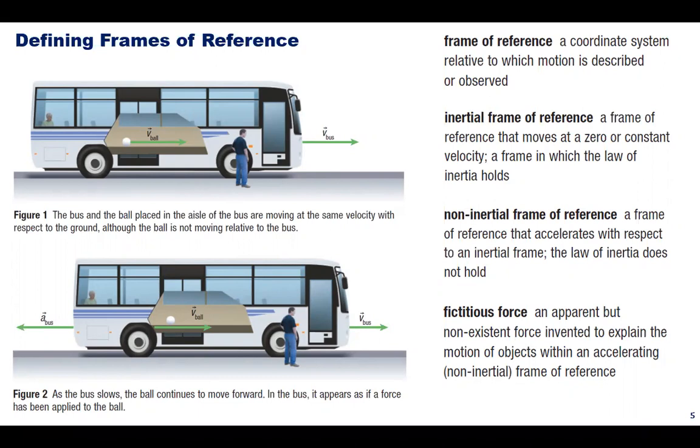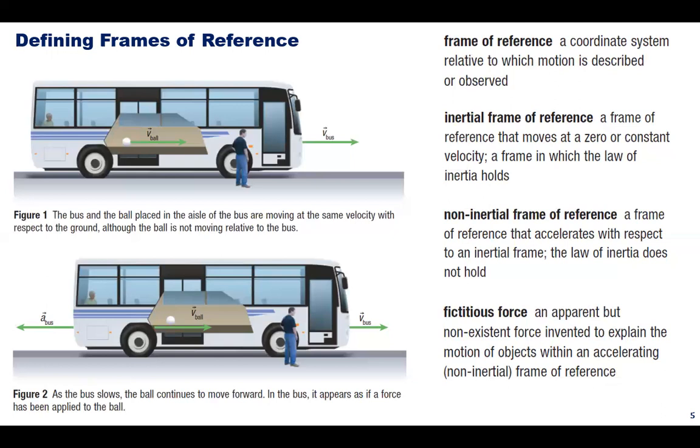So to explain these various motions, we invent the idea of fictitious forces. Fictitious forces are apparent but non-existent forces that explain the motion in accelerating or non-inertial frames of reference.